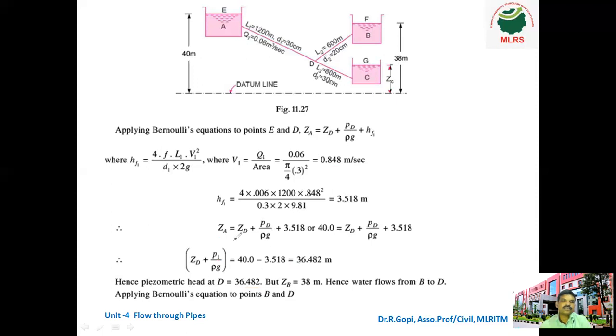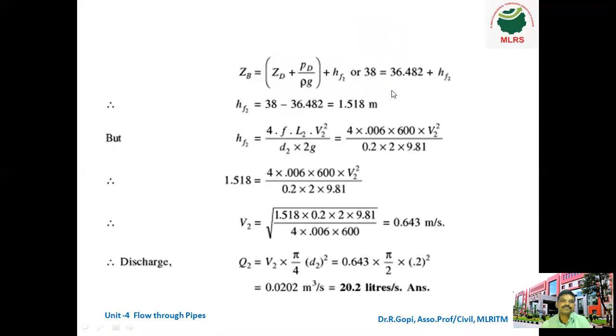Now come to the second equation, applying Bernoulli's equation to points B and D. ZB is equal to ZD plus PD by rho G plus HF2. ZB is 38 meter and the piezometric head at point D we already calculated, it is 36.482, plus HF2.